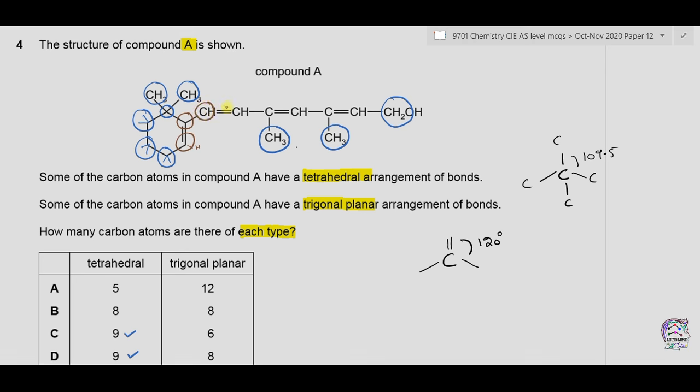So this is also trigonal planar. Similarly this is also trigonal planar. This one and these. So in total we have 8 carbon atoms that are making at least 1 double bond and 2 single covalent bonds. The answer is therefore D.